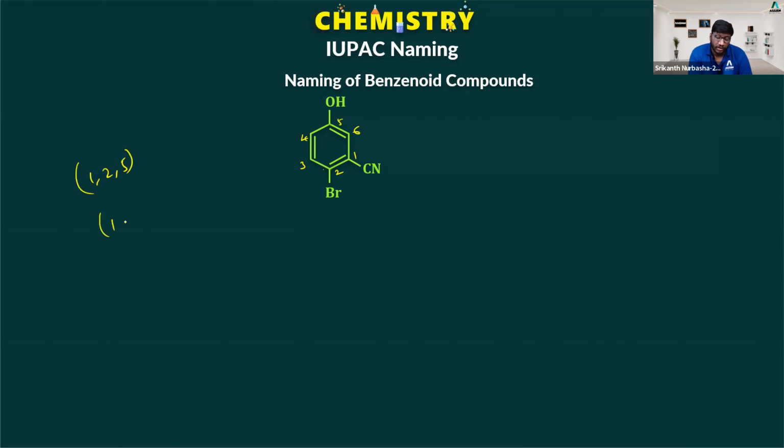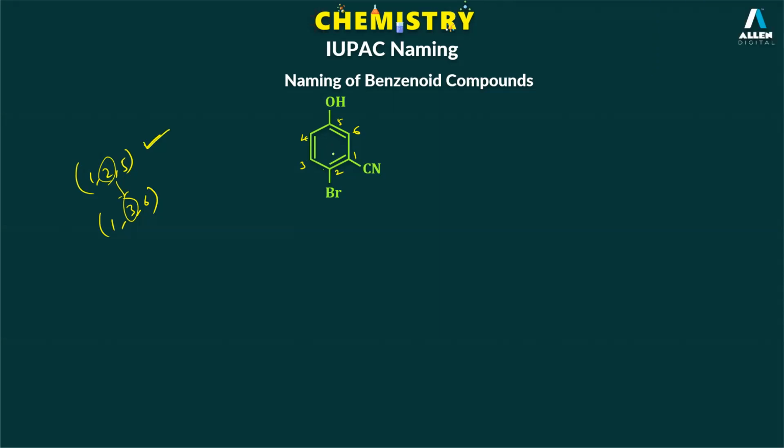In the other way, I will get 1, 3, 6. So 2 and 3, at the first point of difference, 2 is smallest. So obviously, what is the name going to be? 2-bromo on the second position. This is the correct set. 2-bromo, 5-hydroxy, benzonitrile. Nitrile. Yes or no?